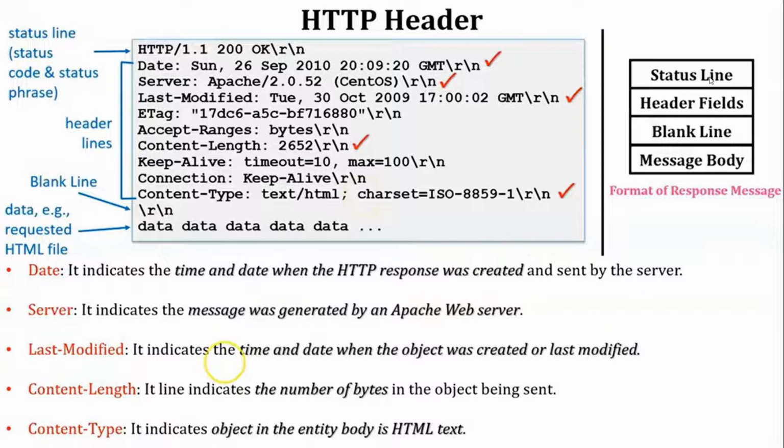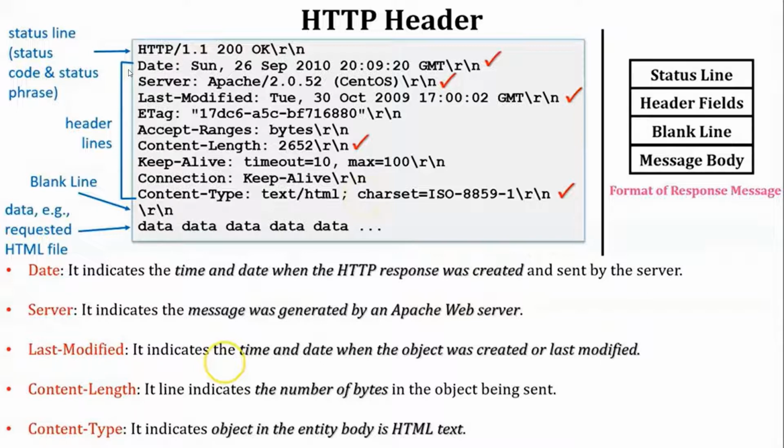In the format of the response message, the first field is the status line. So now this is the status line. It shows the status code and status phrase of the protocol.